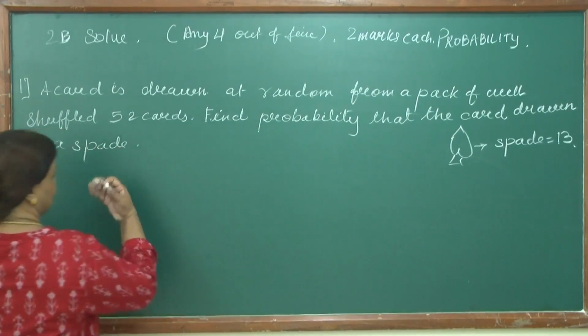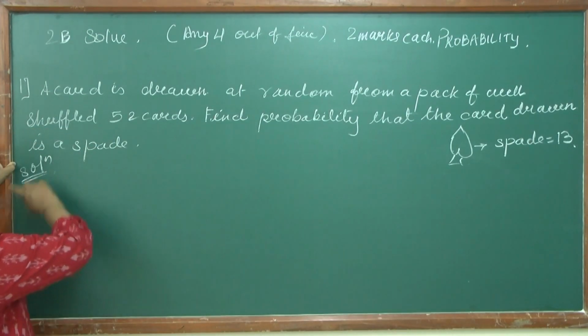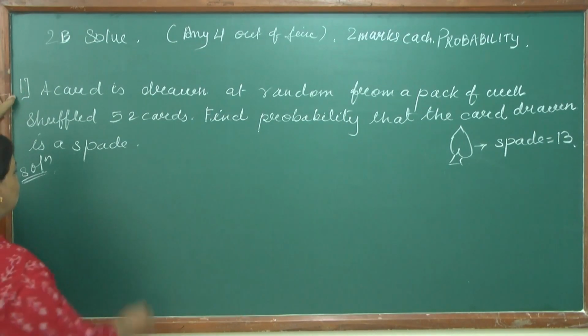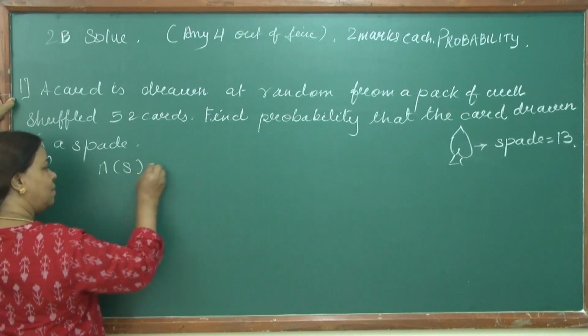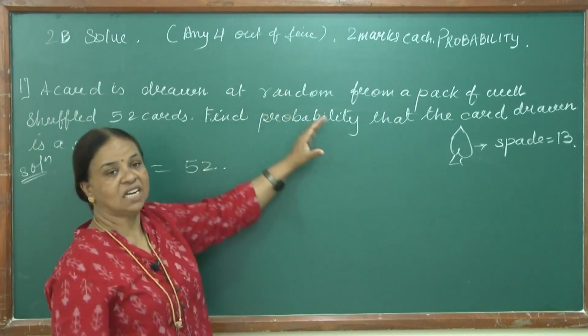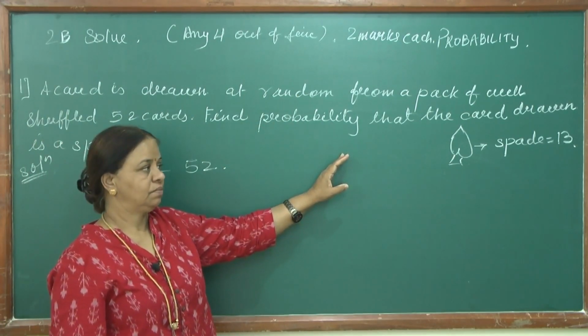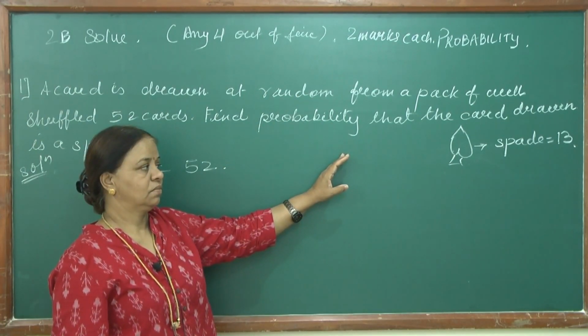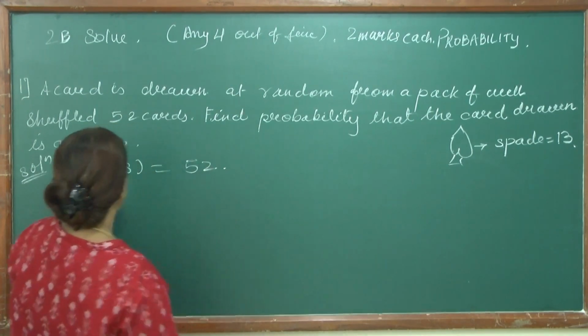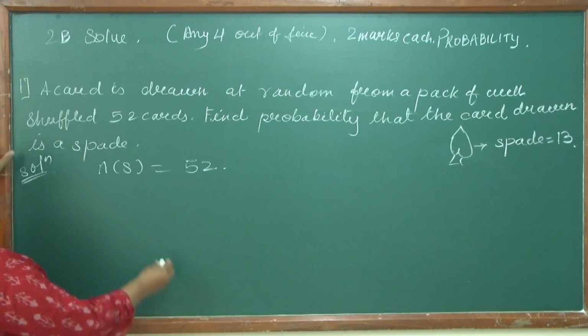Now, we have to find the probability. A card is drawn at random from a pack of well shuffled 52 cards. So the number of elements in the sample space will be 52, children. Total number of cards is how many? 52. So n(S) is equal to 52.